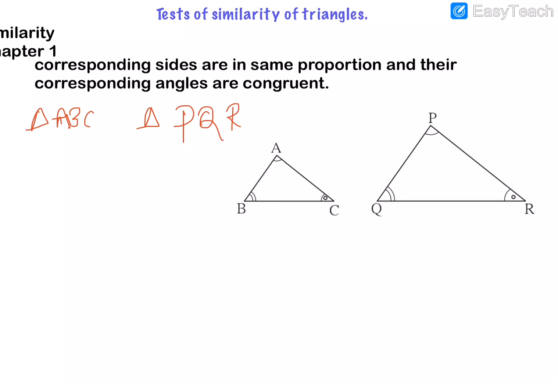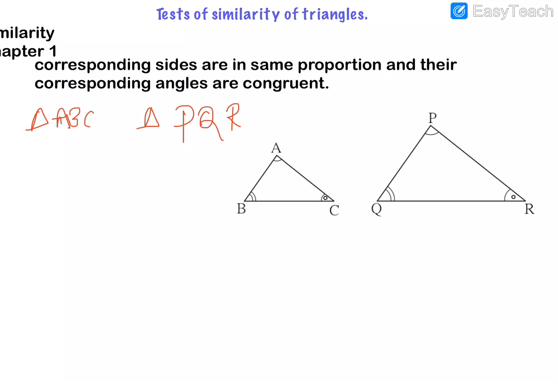Congruent means equal. Corresponding means the vertices must not be changed. Angle A must be equal only to angle P, not to angle Q or R. Angle B must be equal to its corresponding vertex Q, and angle C must correspond to its corresponding vertex R.